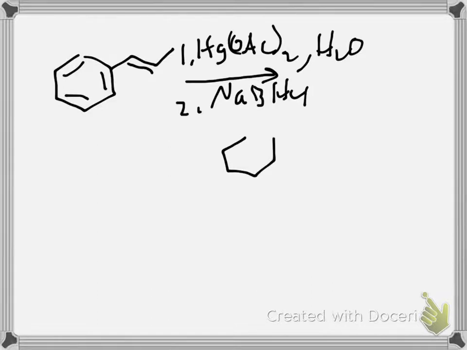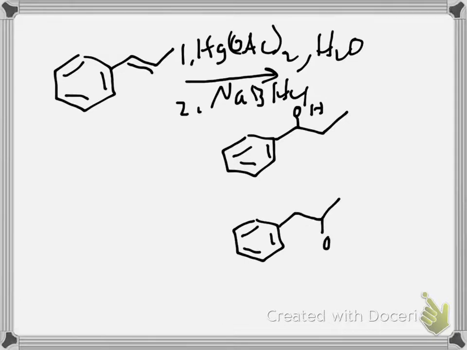One of them, the OH, is on the carbon that is bonded to the aromatic ring. And the other product is where the OH is on the carbon that is not bonded to the aromatic ring.